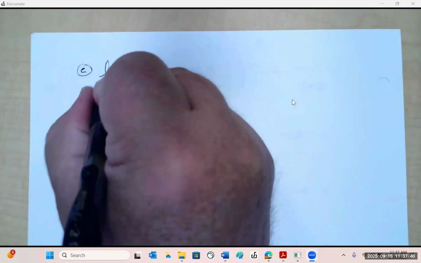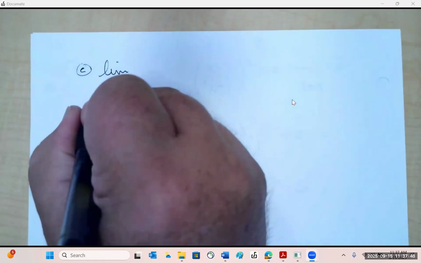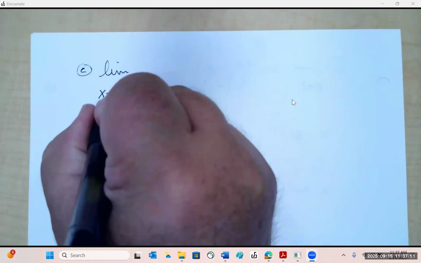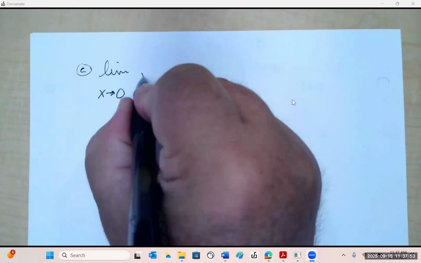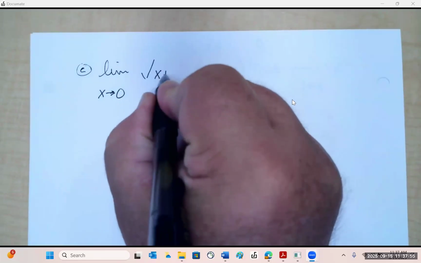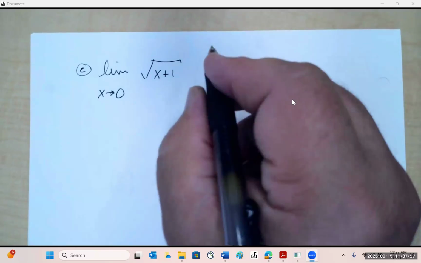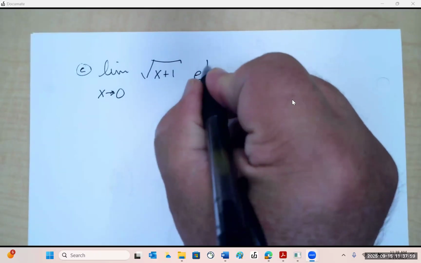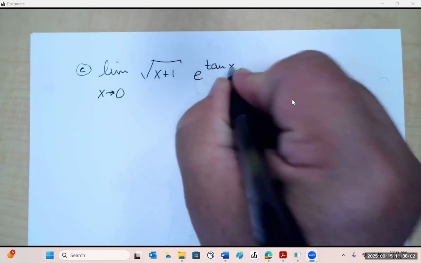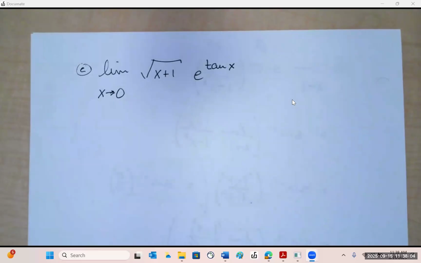The limit, this is the third one, as x goes to 0 of radical x plus 1 times e to the tangent x. Is this a composite function?